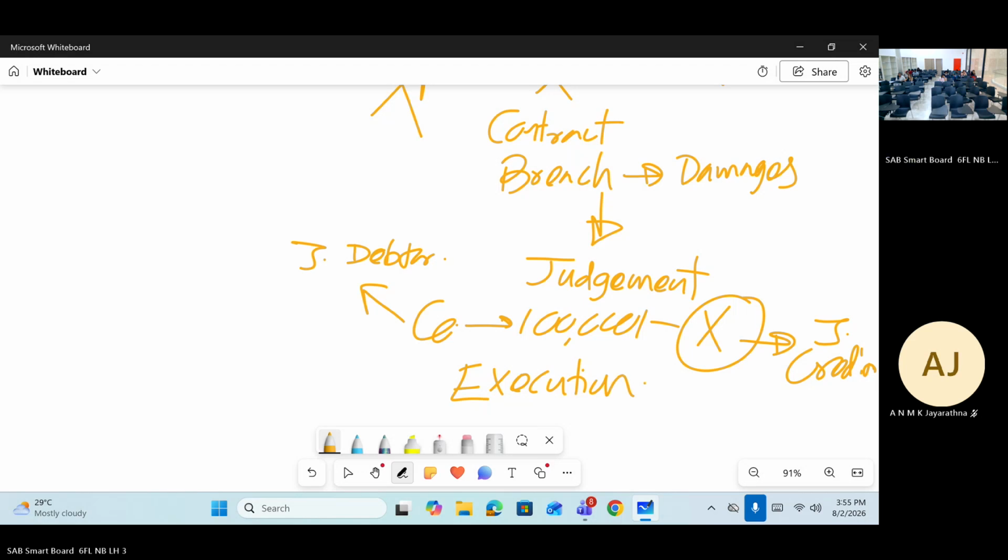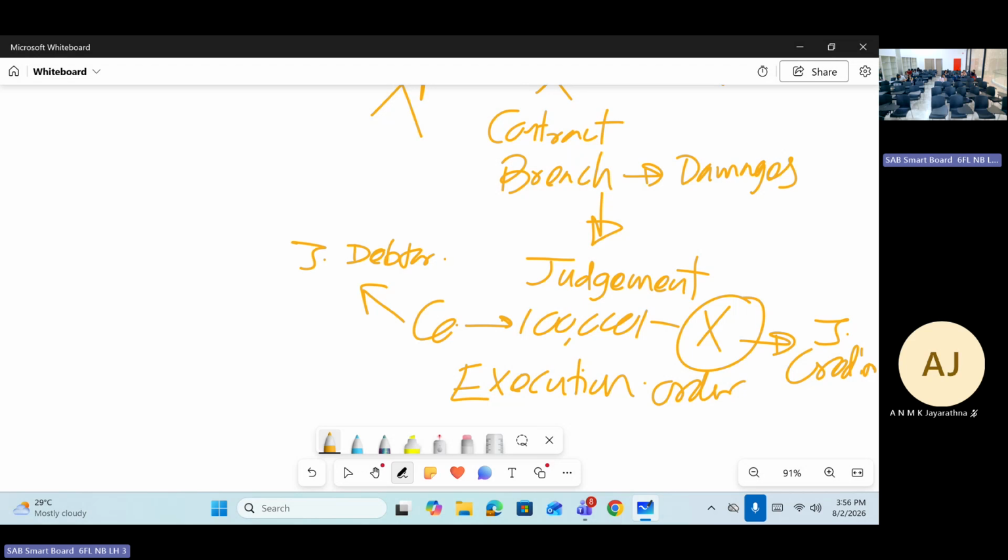He will ask the court to issue an order to execute this decision. That order is named the execution order. This order issued by the court in favor of the judgment creditor is named the execution order.